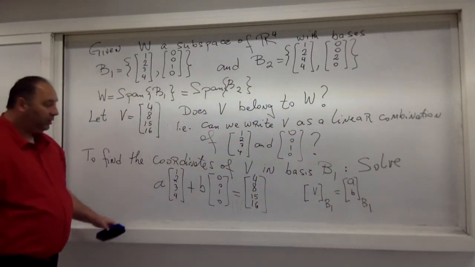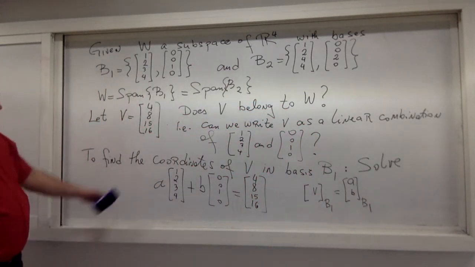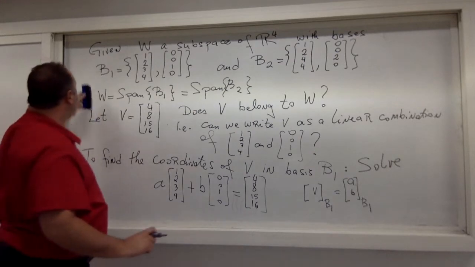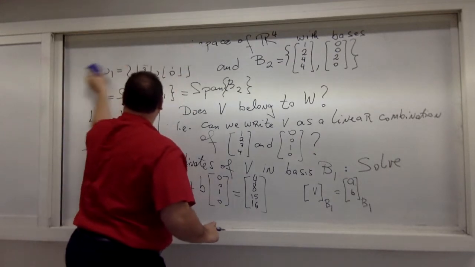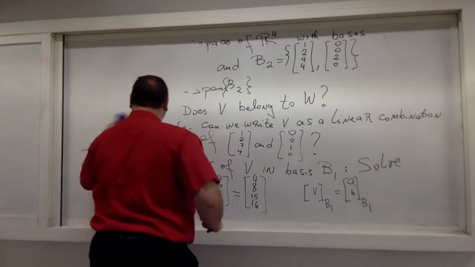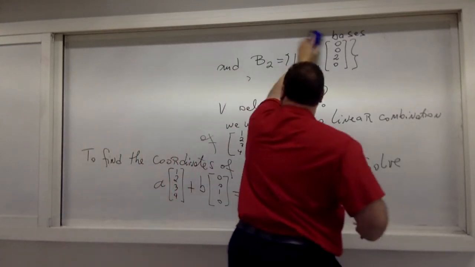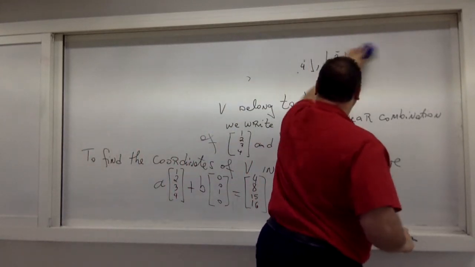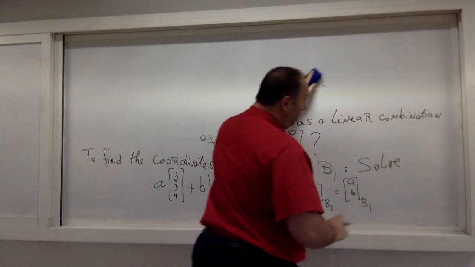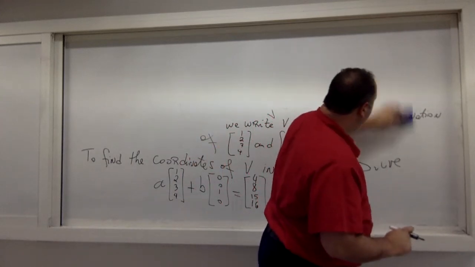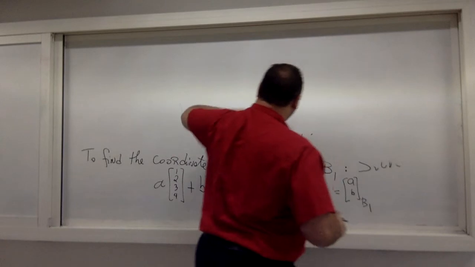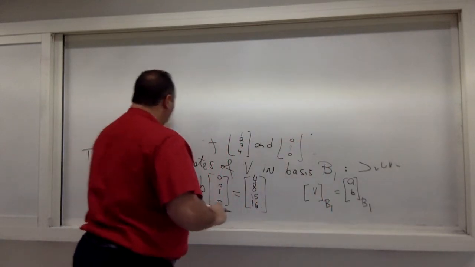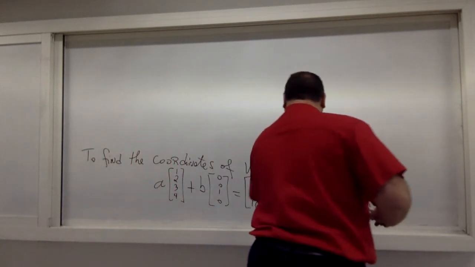Well, I need to solve the system. What type of system? Ax equal b. Who's A, who's b? Let's write that. By the way, we are going to do the same thing, looking for the coordinates in basis B2. Not a big deal.